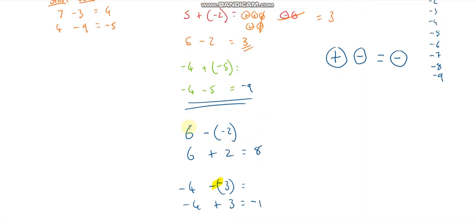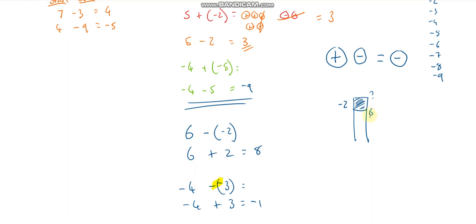Okay, 2 negatives. The way I think about that is you're undoing something. I think 6 take away negative 2 is a bit like saying I was given 2 penalty points. Okay, I was given 2 penalty points, so I had a score. You don't know what that score was, but I was given 2 penalty points. So take away 2, and I'm now on 6.